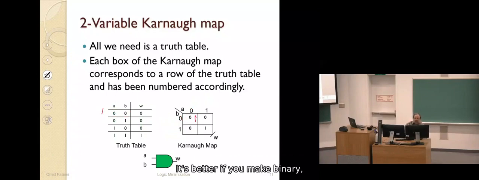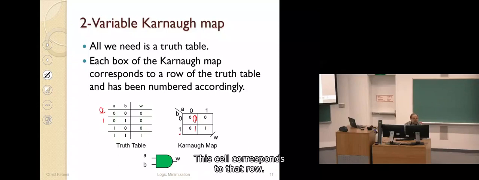It's better if you make it binary. The first row is 0, 0, 0, and this is 0 also. The next row is 0, 1. Here B is 1 and A is 0. This cell corresponds to that row.